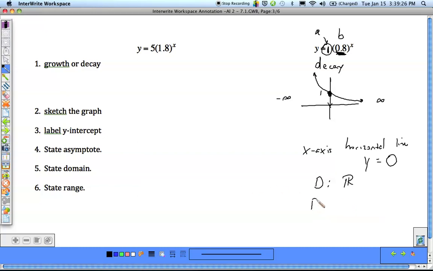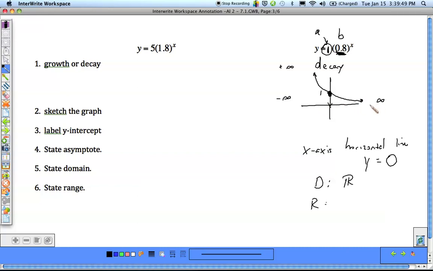Our range, on the other hand, what we're looking at is what possible y values can we get out of this equation, as in what possible y values can this graph reach. Well, we know that the graph is going up, so as it keeps going up, it's going to reach positive infinity. But as the graph is going down, it's not going to go all the way down. It's only going to reach towards the x-axis.